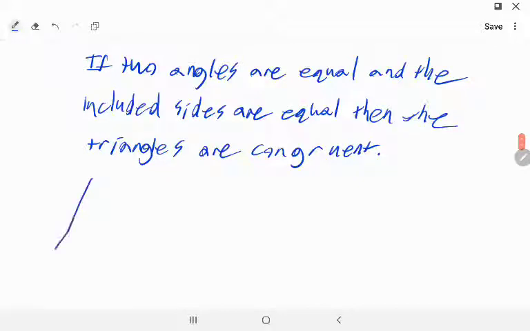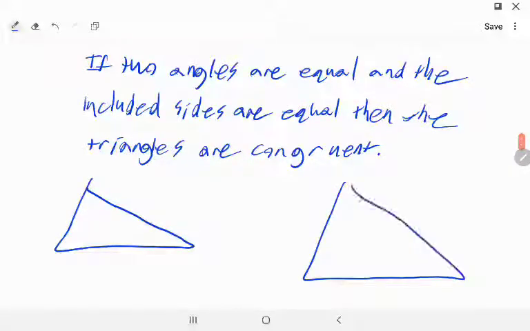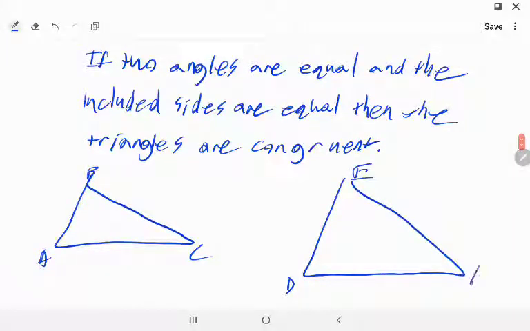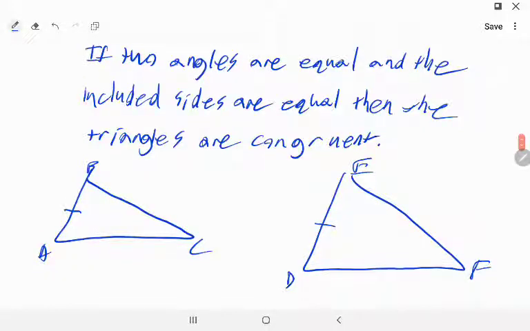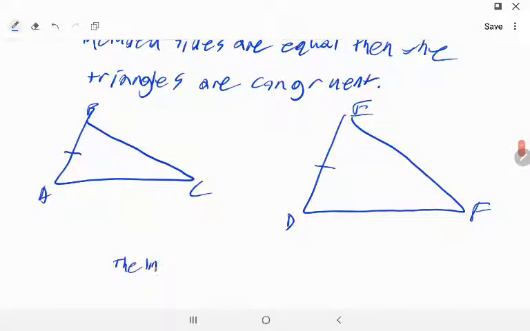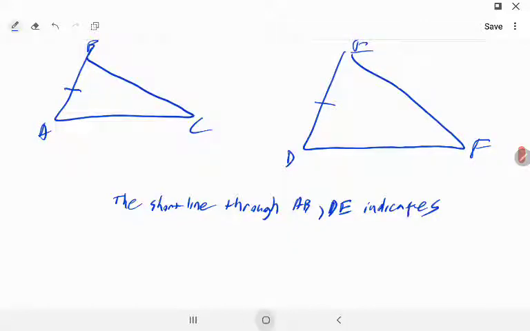We'll often write that as little markings. If we knew that this was triangle ABC and DEF, we'll use this little mark, so that single line through side AB and that single line through side DE, the tick mark, the short line through AB and DE indicates that AB equals DE.